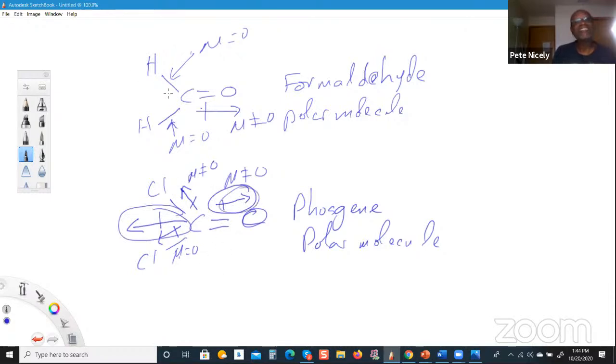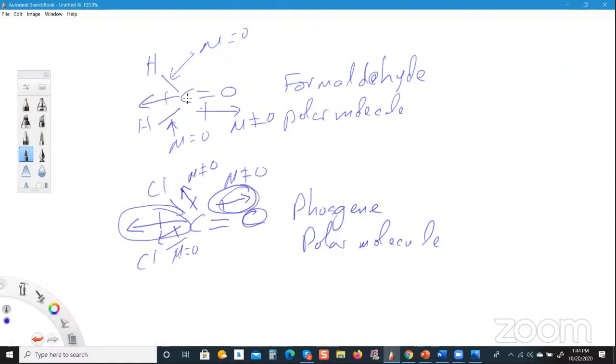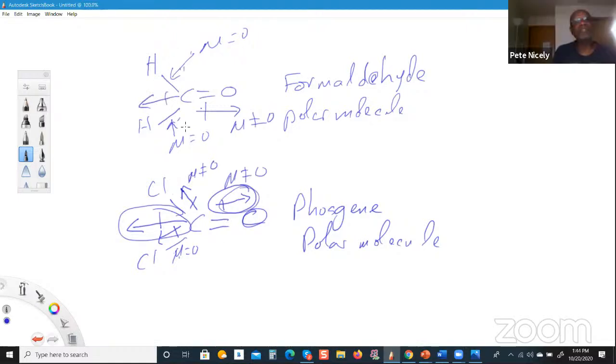In this case here, you have no such opposition because these dipole moments are zero, so the net dipole moment for this molecule would be greater. Mu here is greater because this net dipole moment here is not canceled out by any dipole moment here.